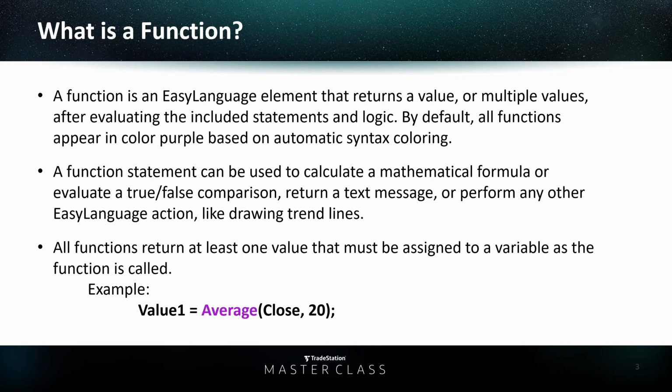Of all functions, return at least one value that must be assigned to a variable as the function is called. This is important because, for you to be able to call or create a historical series of that function, they need to be assigned to a variable.